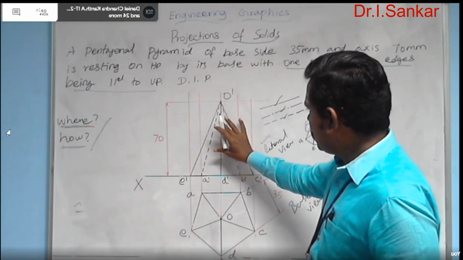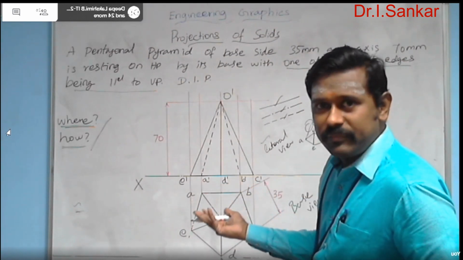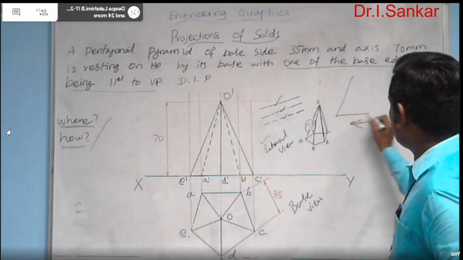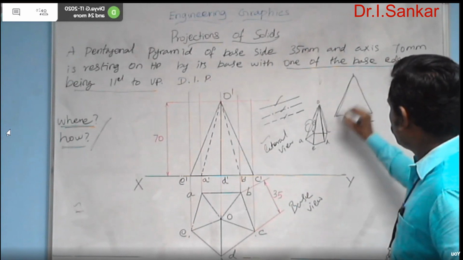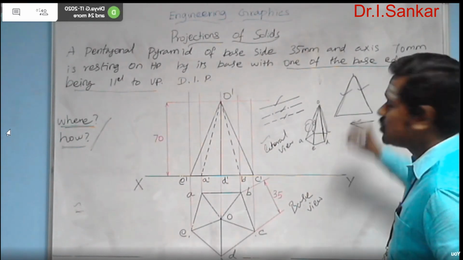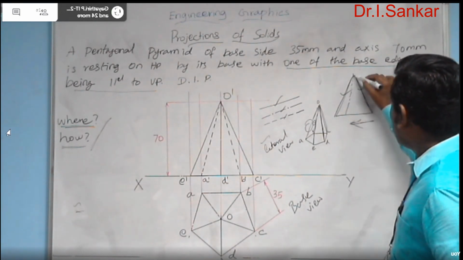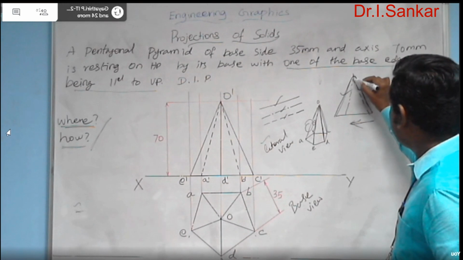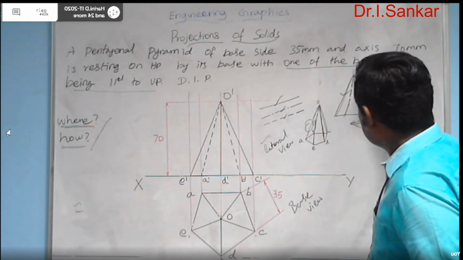See, the lateral view of this pyramid is simply a triangle. In that triangle, the outermost edges are always visible edges only. The intermediate edges are sometimes invisible or sometimes visible, based on visibility.